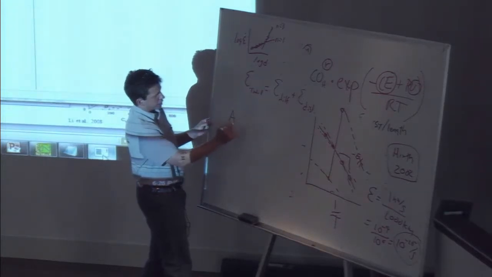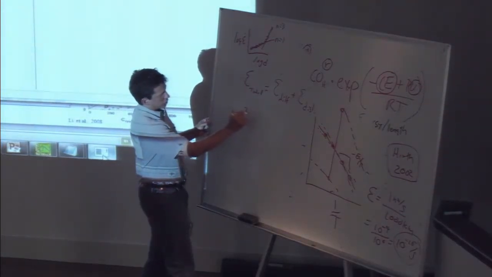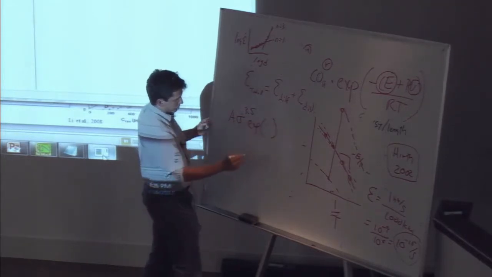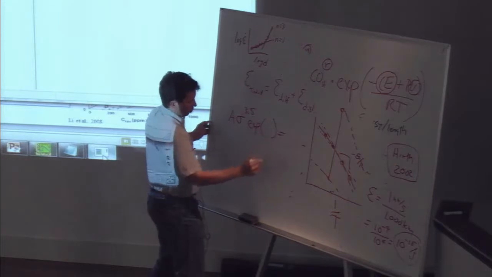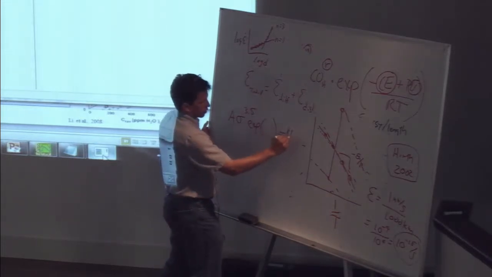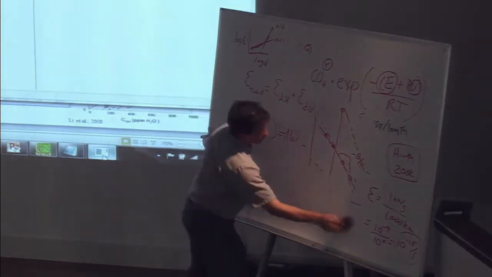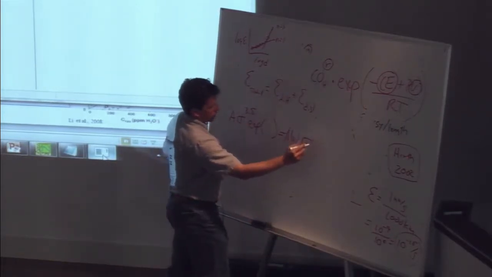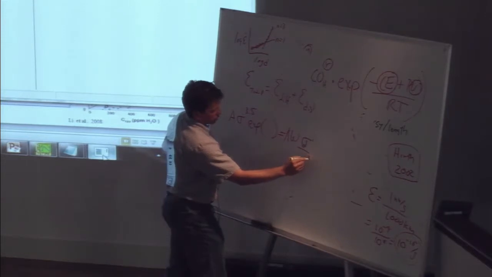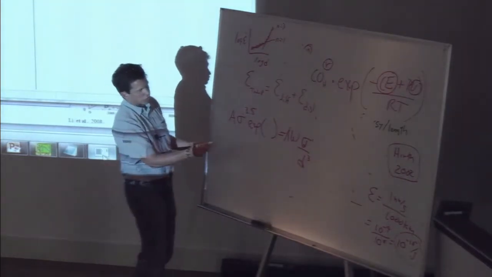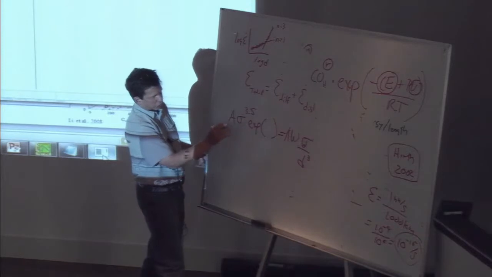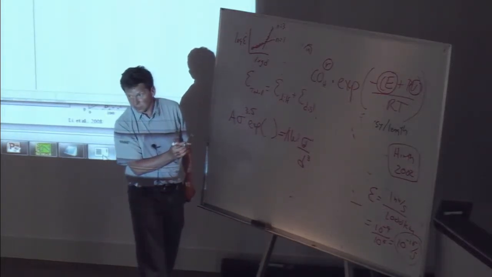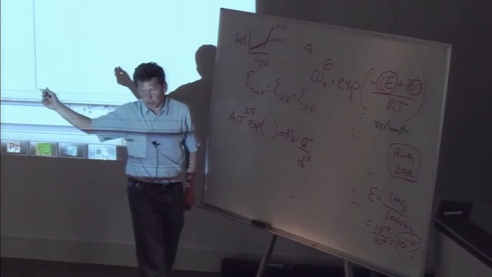So you have A times stress to the 3.5 times the exponential term, and you're going to set that equal to A_W, what we call the diffusion creep prefactor, times stress divided by D cubed. If you solve that equation for stress, you can plot it on that curve there, right?